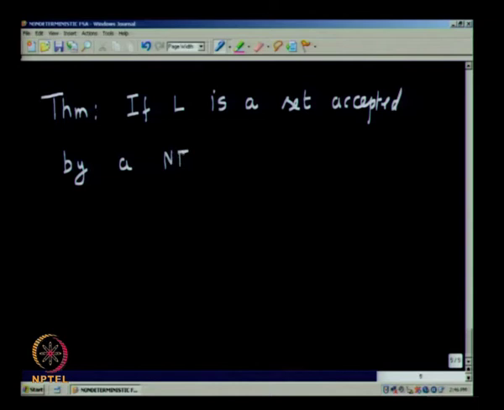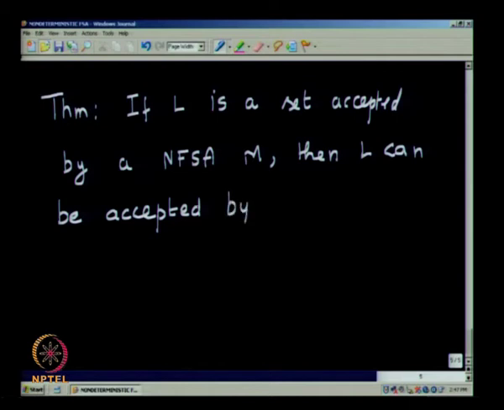So, we have this result, theorem: if L is a language or a set accepted by an NFSA M, then L can be accepted by a DFSA M dash.